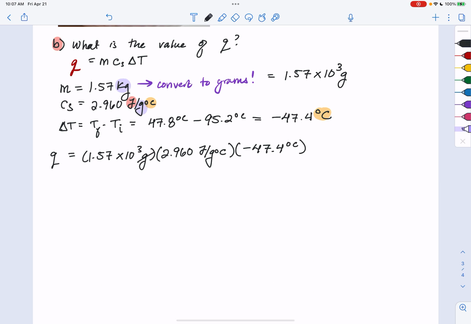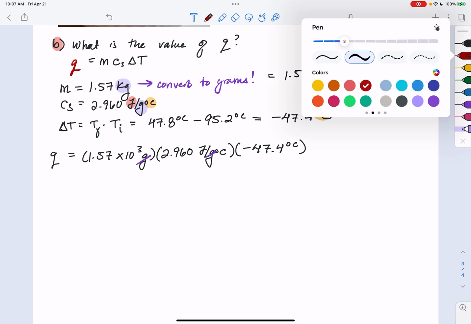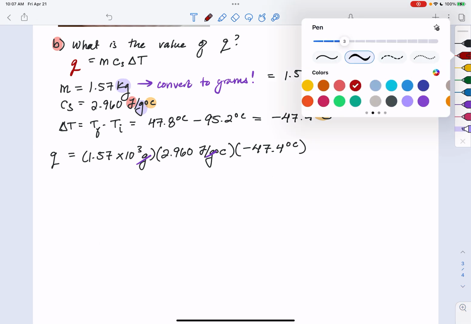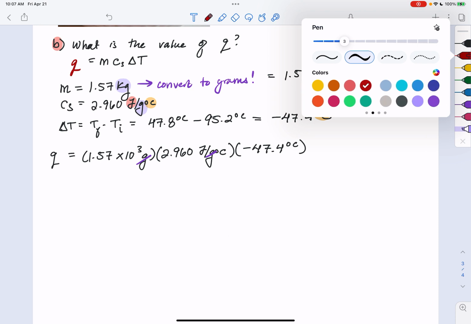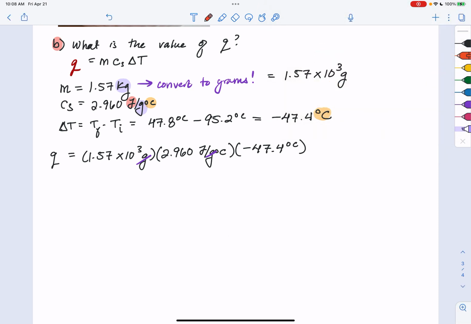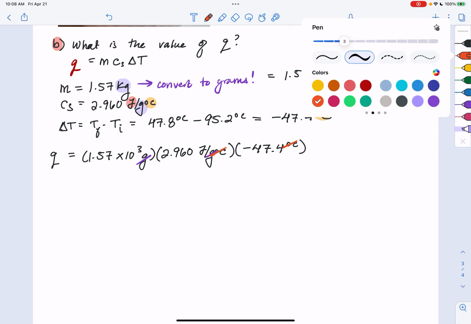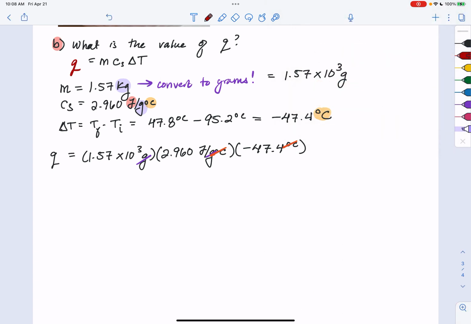Grams per gram will cancel, and degree C and per degree C will cancel, leaving behind my joules, which is what we want.